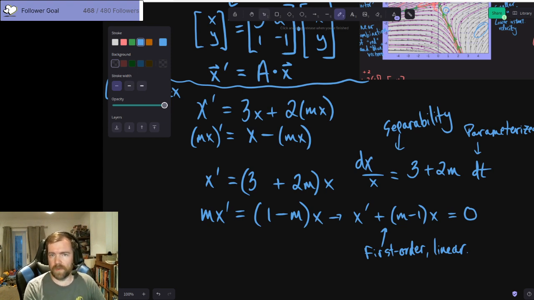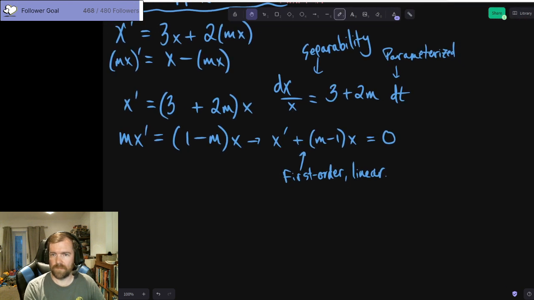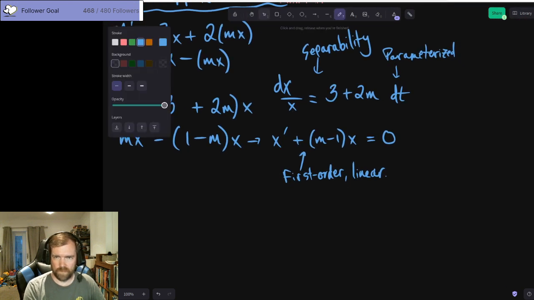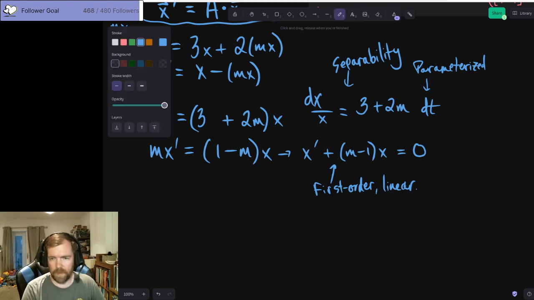All right, and now correct me if I'm wrong here, but that factor m minus 1x, I think that's the reciprocal. Are you dividing by m? Yes, the second one, because I did divide by m. Yes, that's definitely what I did, even though I didn't write it.